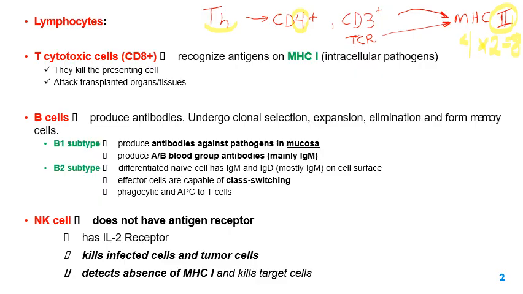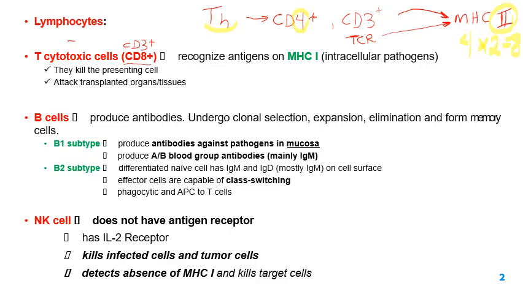Now, looking here at your cytotoxic T cells, they have CD8 on their surface. They also have CD3, okay? And they are going to recognize a piece of protein that is presented to them on a molecule that is called MHC1, okay? So MHC1 molecule on presenting cells are going to interact with that CD8 part and is going to interact with the T cell receptor.